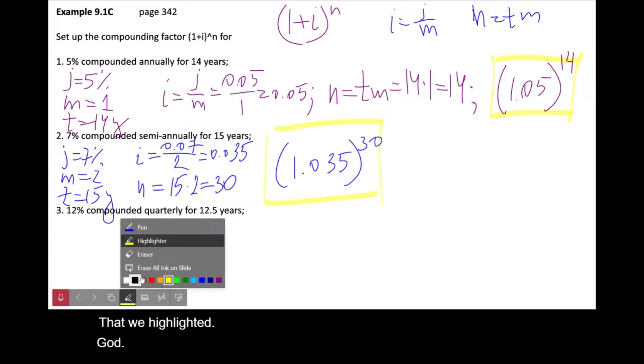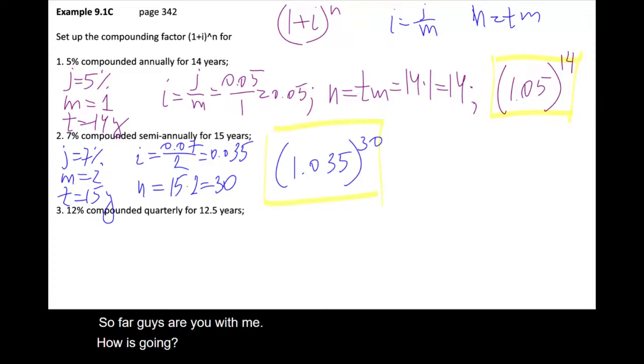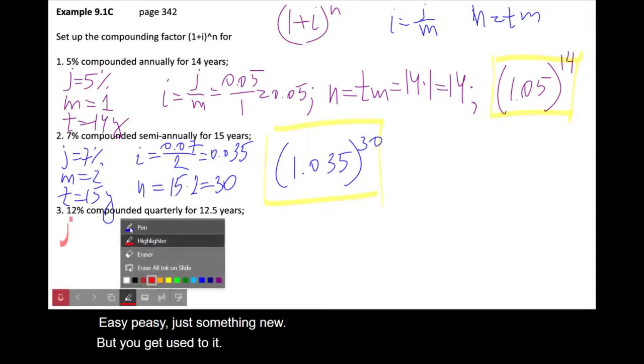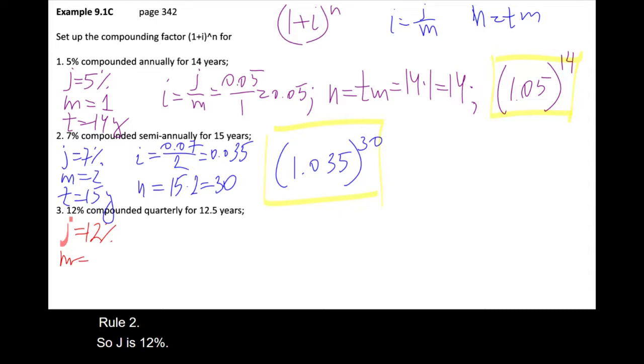So far, guys, are you with me? How is it going? Any difficulties? Is it hard? It's really easy peasy, just something new, but you get used to it. Row 2. J is 12%, M is 4, and T is 12.5 years.